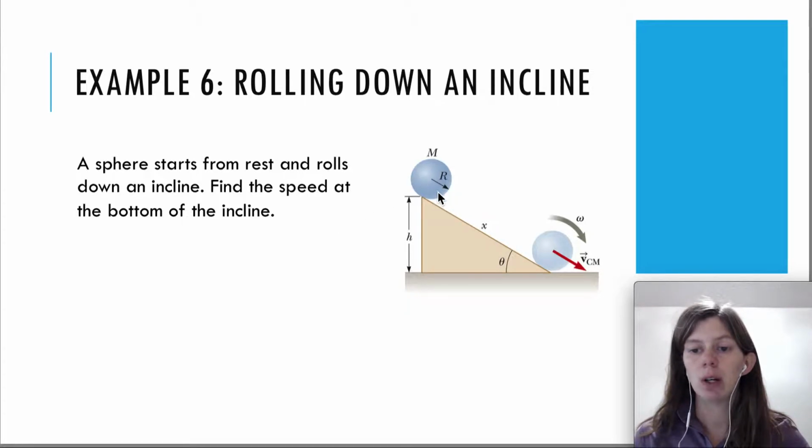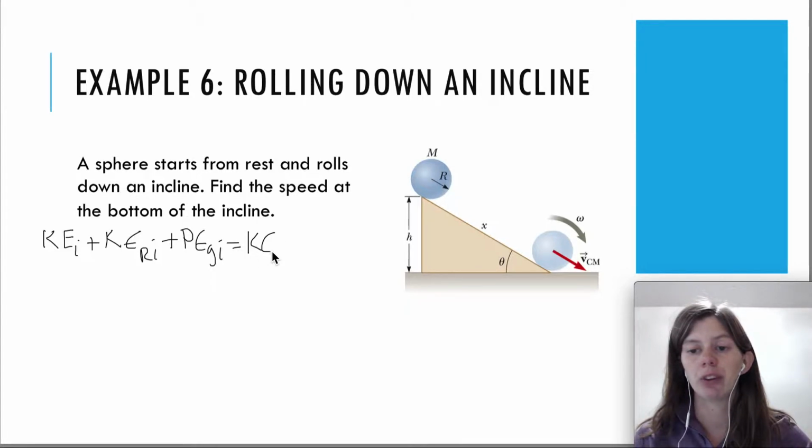This is a sphere rolling down an incline, and we want to find the speed at the bottom of the incline. This is a conservation of energy problem, so we'll write out the equation: the kinetic energy initial plus the rotational kinetic energy initial plus the gravitational potential energy initial equals the same quantities for the final, KE_f plus KE_rot,f plus PE_g,f.